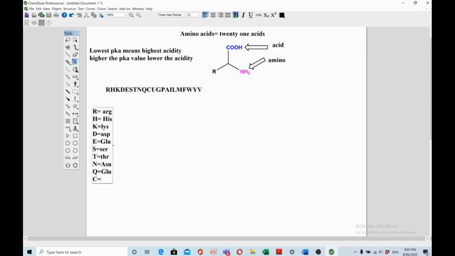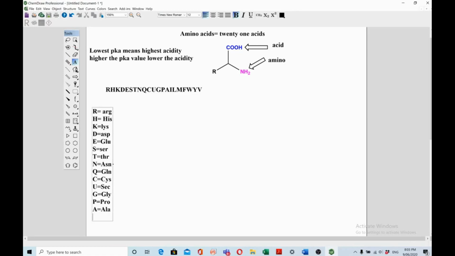C is cysteine, CYS, and U is selenocysteine, SEC. Glycine is GLY, and P is proline, PRO.